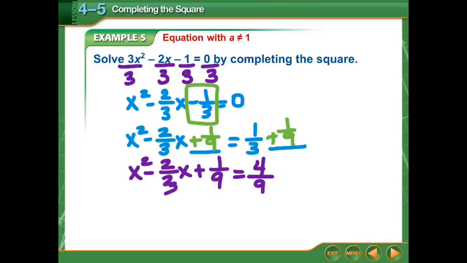We're going to write what is on the left-hand side as a perfect square trinomial. Remember, you put parentheses and a squared on the outside. We're going to start with x. The number that goes in the parentheses is always the number before you squared it. When I just did negative 2/3 divided by 2, that was minus 1/3. So that's what goes in the parentheses. Equals 4/9.